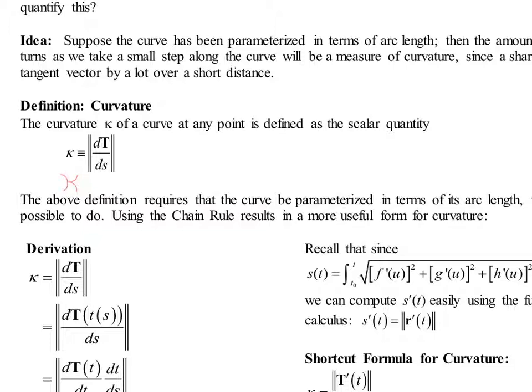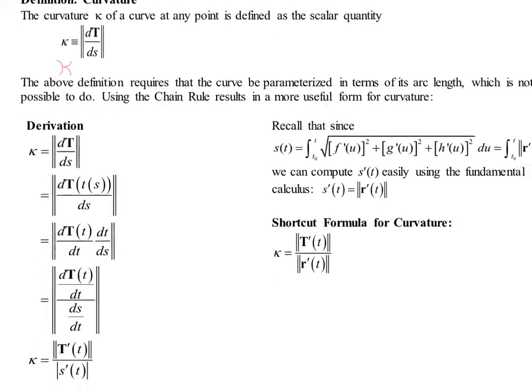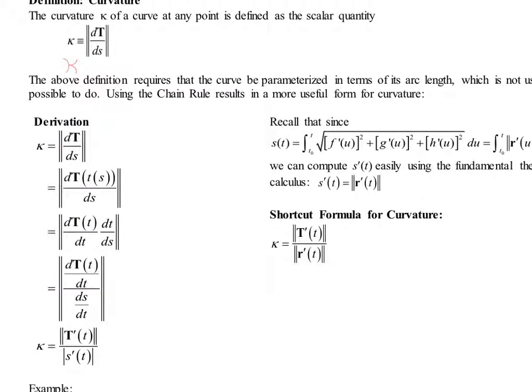Now, the derivation is played out exhaustively here, but basically we get to a shortcut formula, which is where we're going to live, because s of t is easy enough to work with if you're given s of t, but coming up with it involves integration and it's kind of a pain. But if we know through the fundamental theorem that we can use the magnitude of r prime of t as an equivalent value of s prime of t, then a direct substitution can be made.